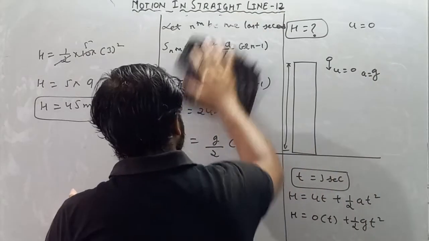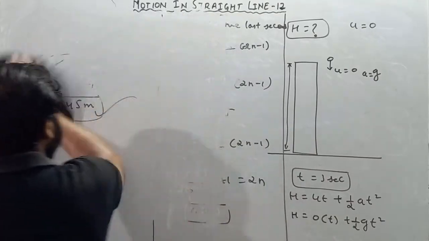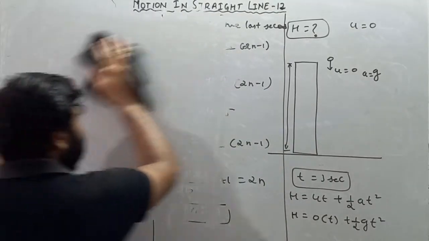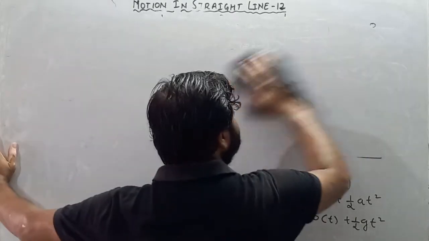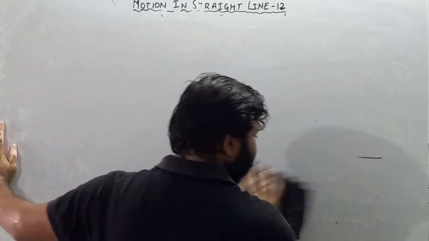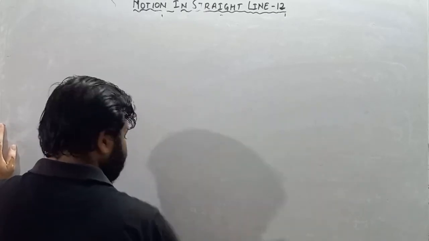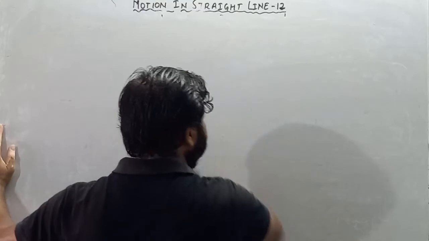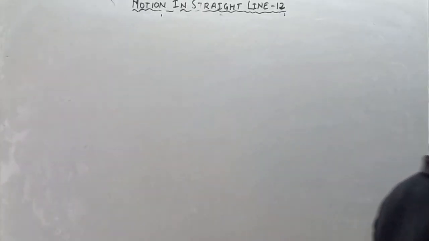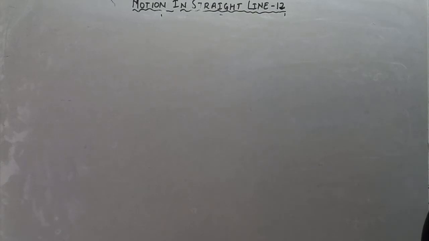Now see my dear student, in this question we learn a new concept. If anything is in motion and we are dropping any other thing from that thing which is in motion, then the velocity of the moving object is the initial velocity of the dropping object. Here they are saying that a stone is dropped from a balloon rising upward.